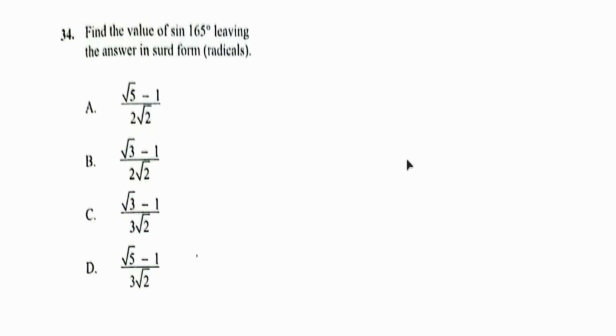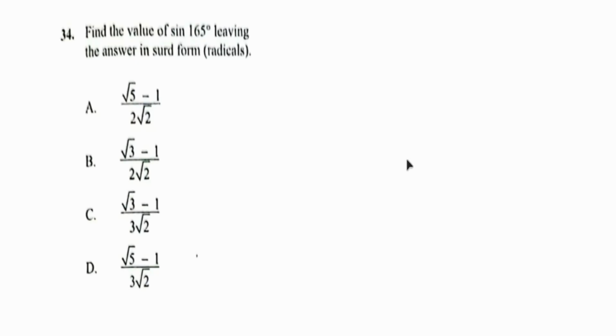Question 34 asks us to find the value of sine 165 degrees, leaving the answer in surd form or as a radical. And again, I'm starting on the premise that this is an objective or multiple choice question where we are not interested in the method you use but the correct answer, and the test itself is calculator active. Calculator is permitted in this exam.